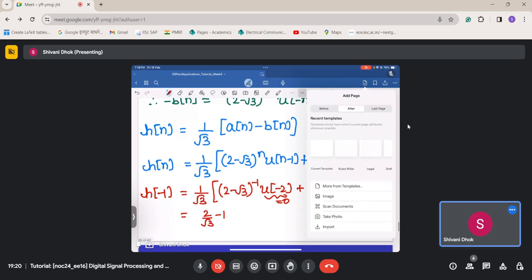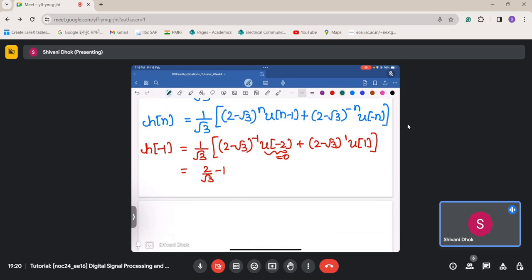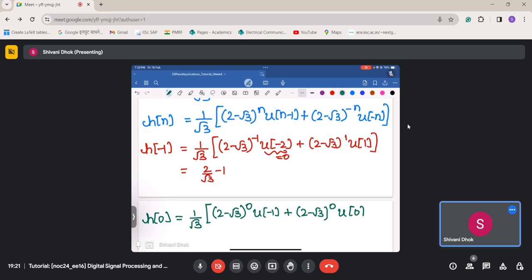Okay, so now let us find out h of 0. So this thing here is 1 by root 3, then we have (2 minus root 3) to the power n, which is 0, then u of n minus 1, which is u of minus 1, plus (2 minus root 3) to the power 0 into u of 0.